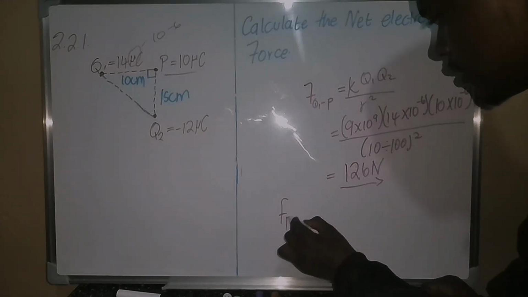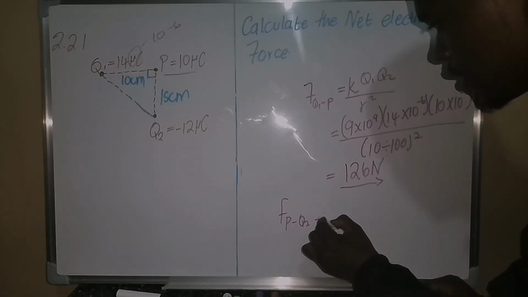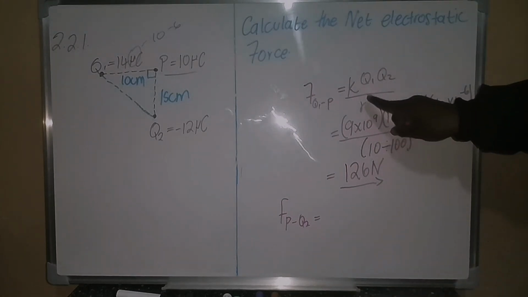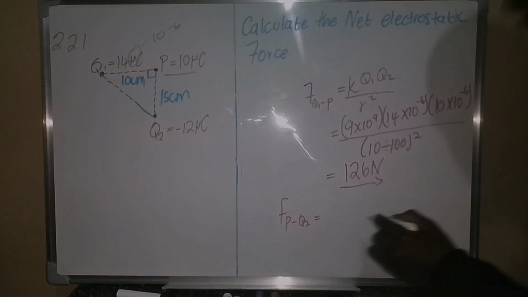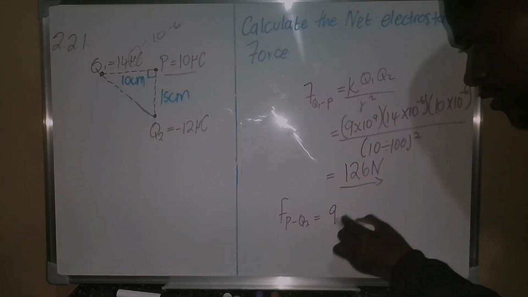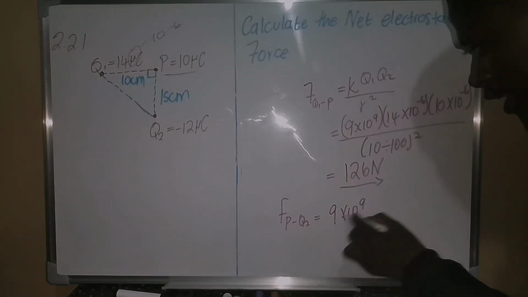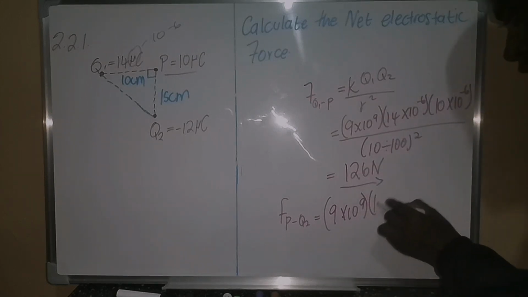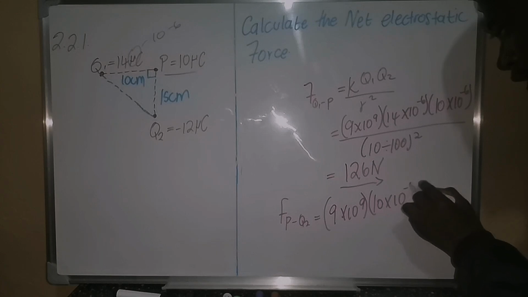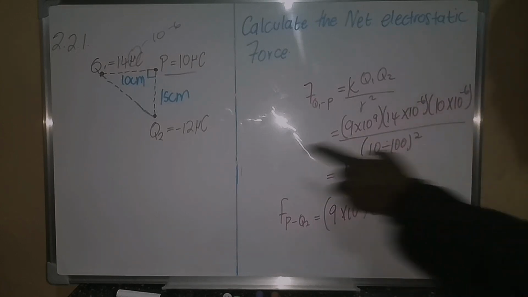Then another one: the force on P to Q2 is equal to, obviously I'm going to substitute, 9 times 10 to the power 9, multiplied by 10 times 10 to the power negative 6, again multiplied by 12.